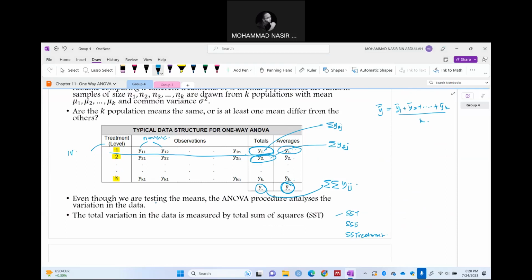In this case, we are not calling it SSR, sum of square regression, because we are not developing a regression model, but we try to find a significant difference of each group. So this is what we call sum of square treatment or sum of square group. You can use this term, sum of square group.